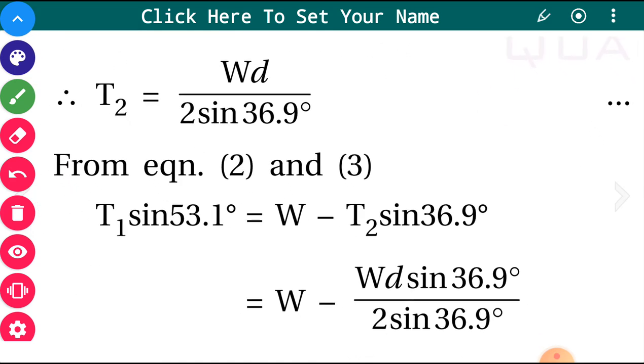From equations 2 and 3, we can get T1 sin 53.1 is equal to W minus T2 sin 36.9.